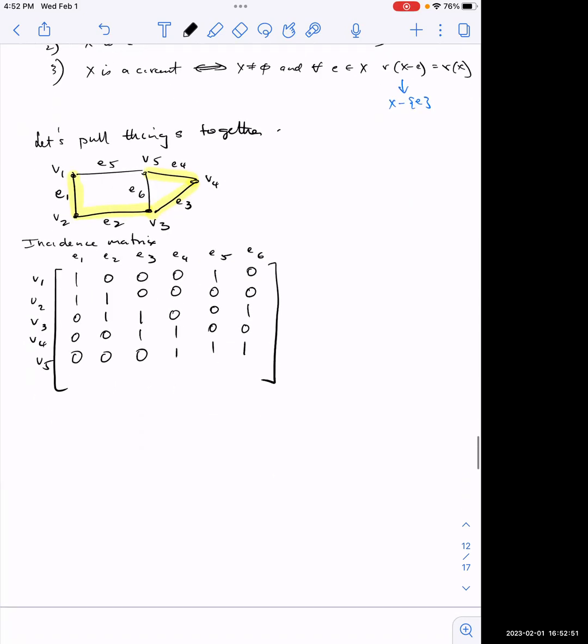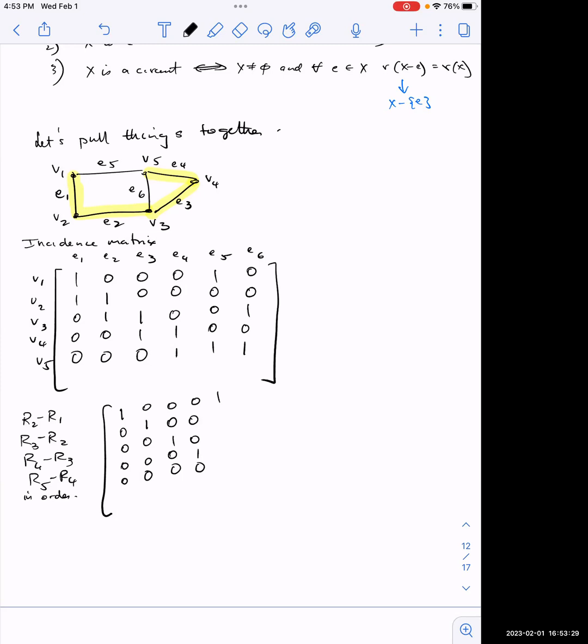So I can do elementary row operations, and in fact, if you do these operations in order, R2 minus R1, after that R3 minus R2, R4 minus R3, R5 minus R4, what you get is this matrix, 1, 0, 0, and this.